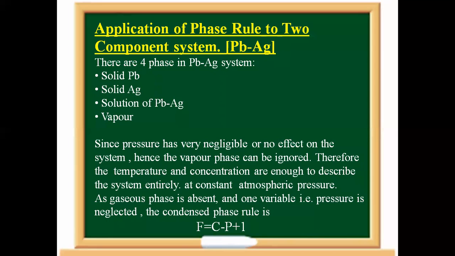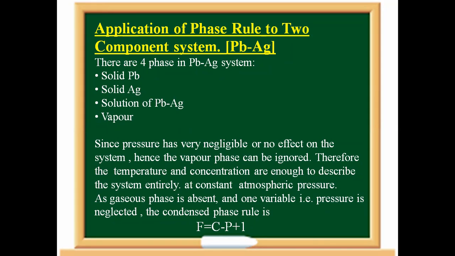Okay, I repeat once again. Composition and temperature play a vital role. These are the two variables which explain the entire phase diagram. Then the pressure is kept constant because it is almost negligible, in fact not present. In such a situation, the Gibbs phase rule gets reduced by one variable because the gaseous phase is absent.